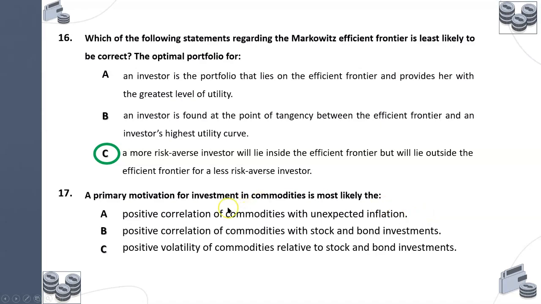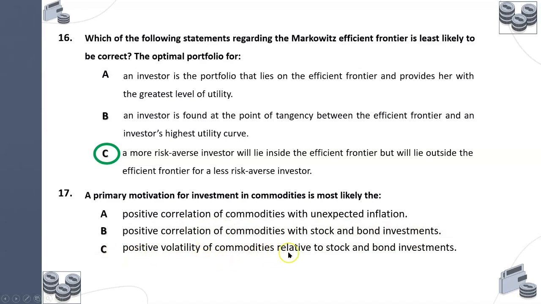That means commodities tend to go higher with higher inflation and go down with lower inflation. That means it mimics inflation. It goes hand in hand because there is a positive correlation. B. Positive correlation of commodities with stock and bond investment. There is no correlation between these three items.